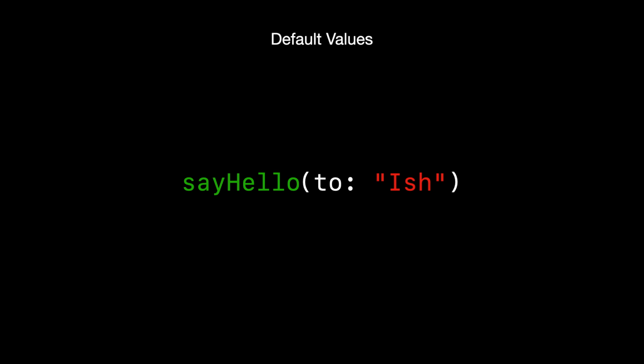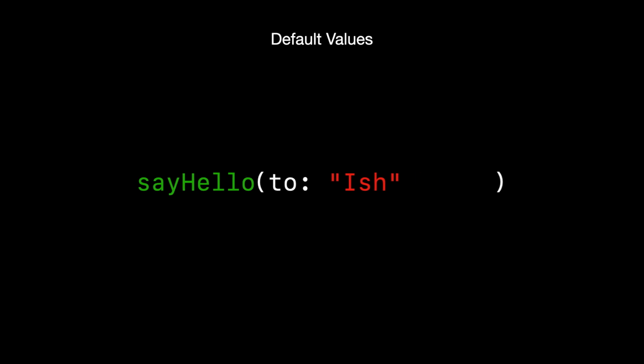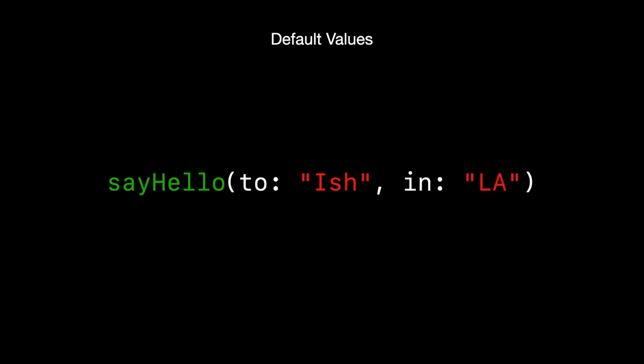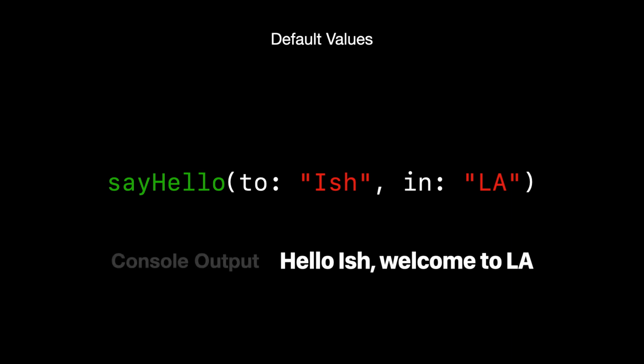Now when we call the function, we need to add the new argument, and it reads nicely as sayHello to: ish in: LA. When we call the function, the console output will be hello ish, welcome to LA.